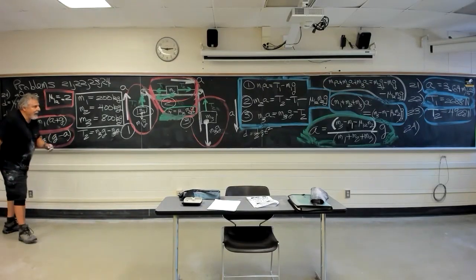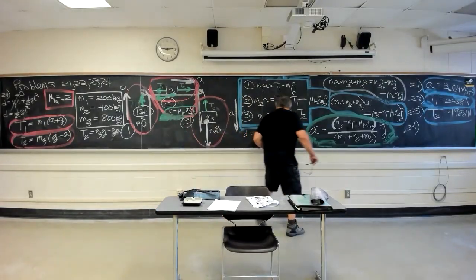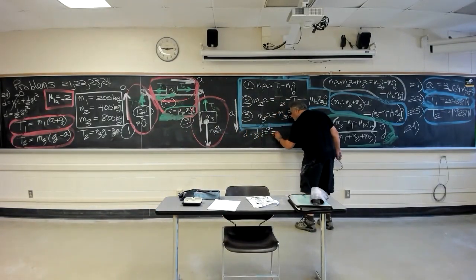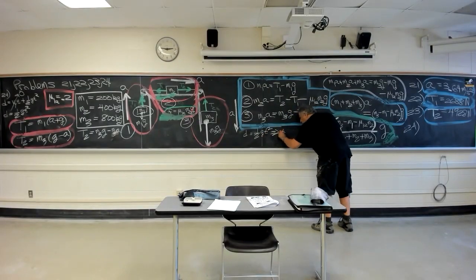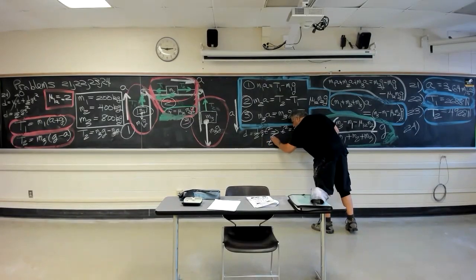If you multiply by 2 on each side and divide by g, let's get t squared by itself. Then square root that.